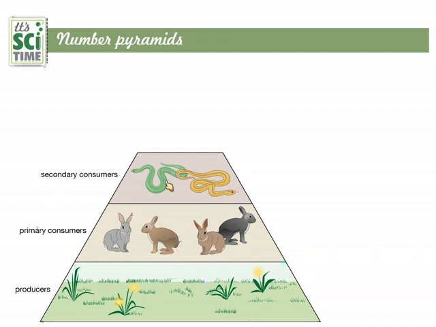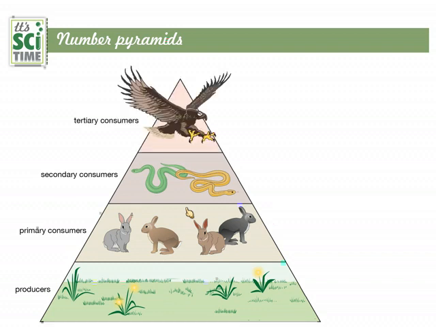If there are 100 here, there would be 10 here and 1 here, always around 10% of the number decreases. The last level, the tertiary consumers, has the fewest number.